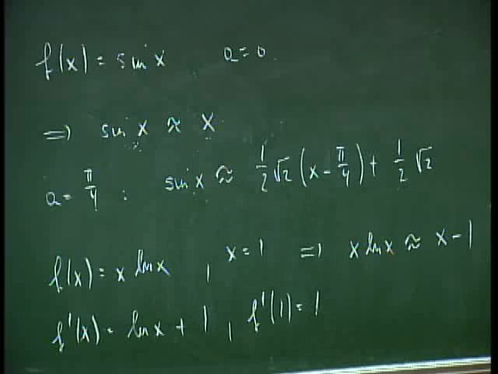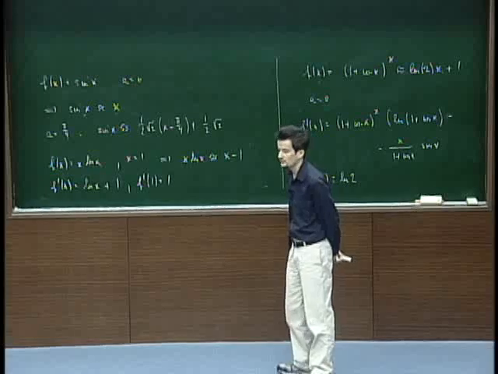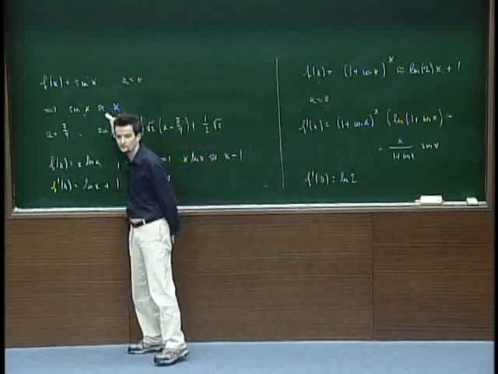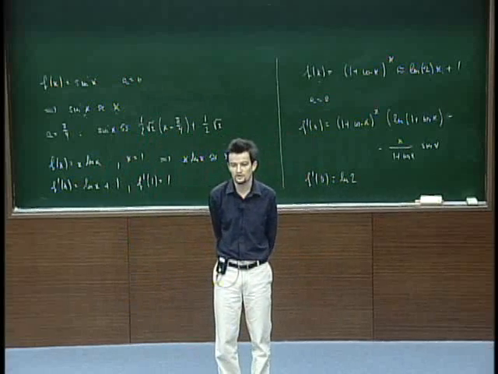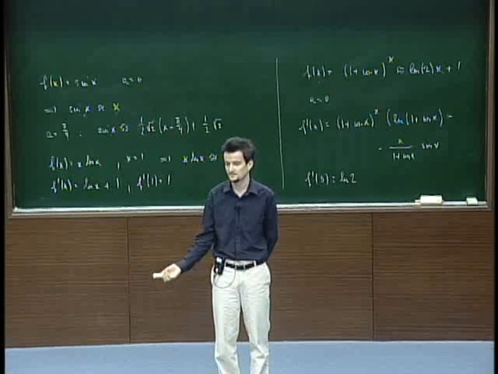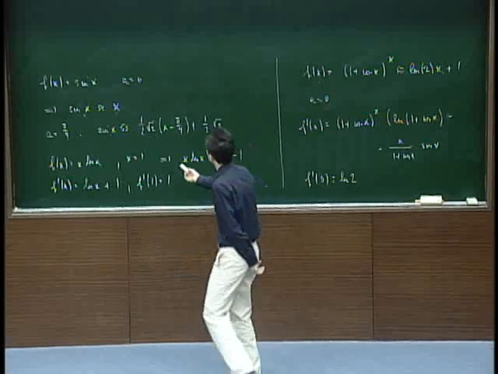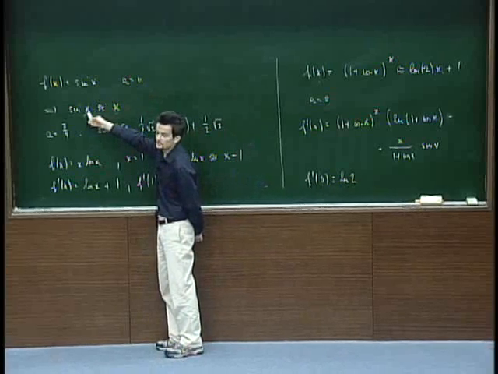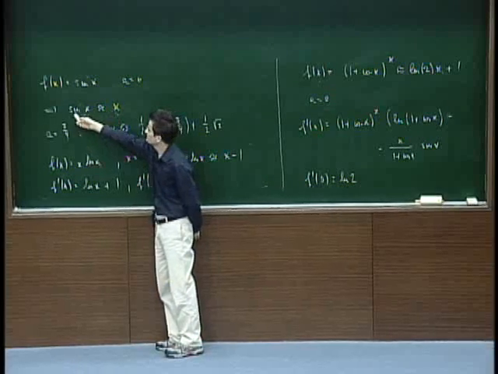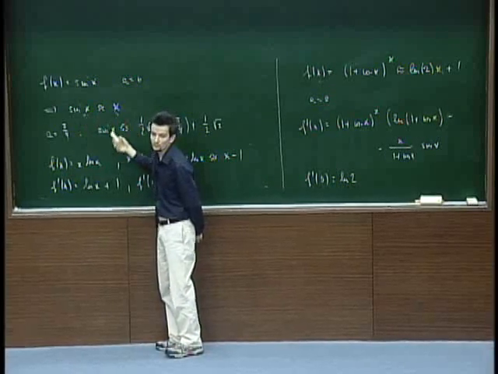But you see from here there is an important issue which we are not able to address at the moment, namely how to estimate the error. And this is important. If you do approximation but you are not able to estimate the error, the result you get is useless. For instance, if x is equal to 0.1, this will tell you that the sine of 0.1 is about 0.1.